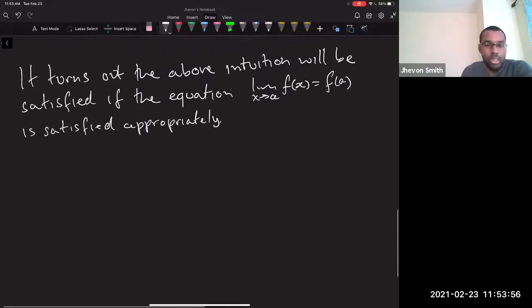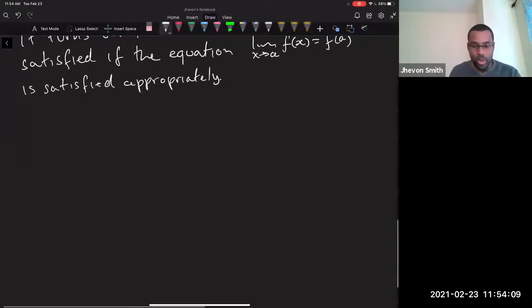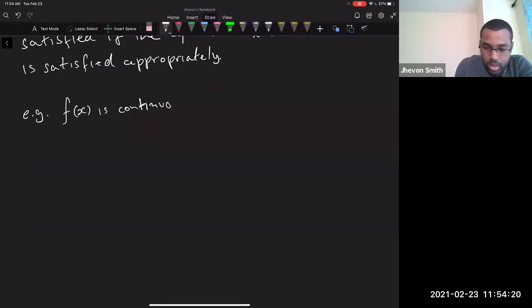Now, that might take a little bit of convincing, and there's no way I can show you enough examples to completely convince you, but hopefully I can show you enough to where it's like, okay, I kind of believe that this is true. So I'm going to give you a few examples. Example: f of x is continuous at x equals a.